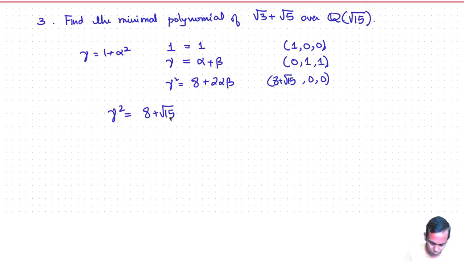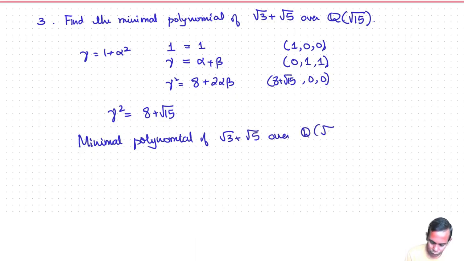And so what we have is that the minimal polynomial of root 3 plus root 5 over Q root 15 is t squared minus 8 plus root 15. And that's the solution.